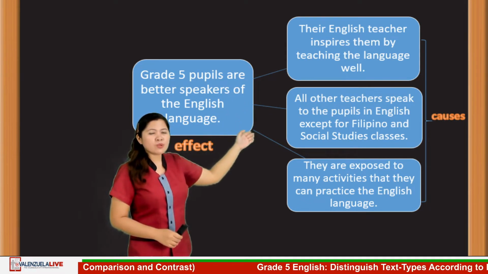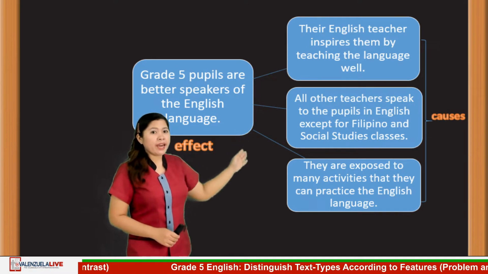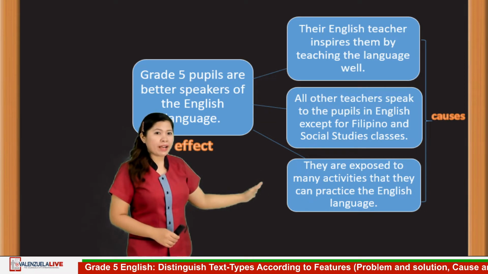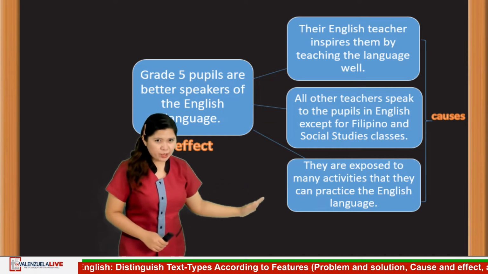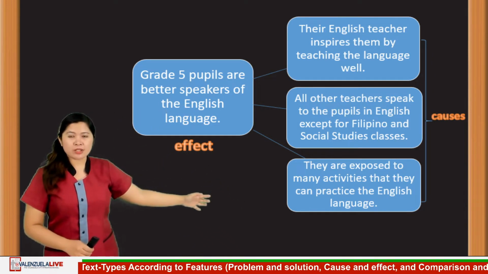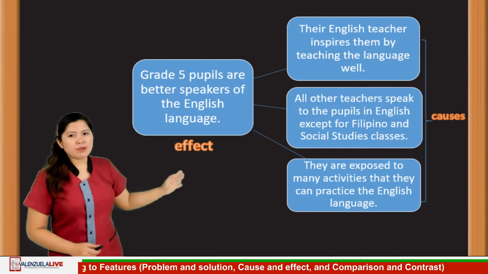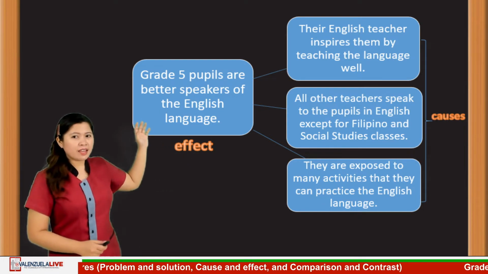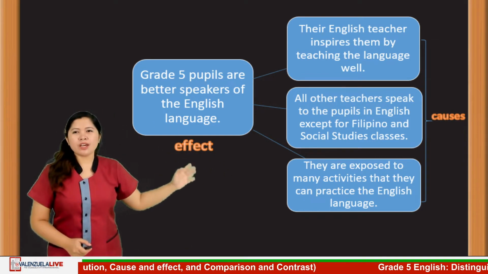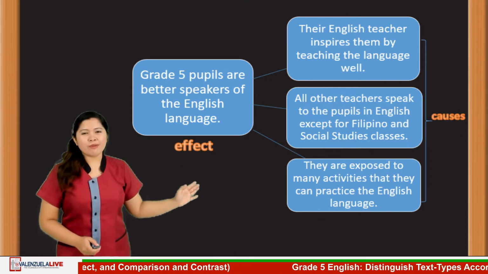The second box would be all other teachers speak to the pupils in English. And they are exposed to many activities that they can practice the English language. Okay, so we were able to complete our graphic organizer to properly explain the relationships of the effect and the causes. Okay, so you were able to distinguish what are the causes and what resulted from them.